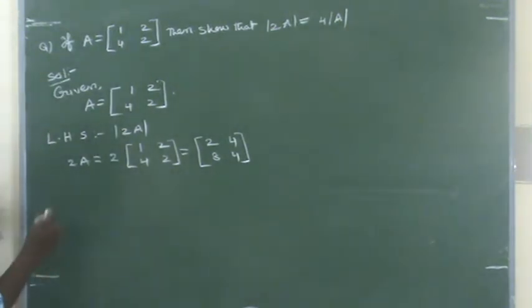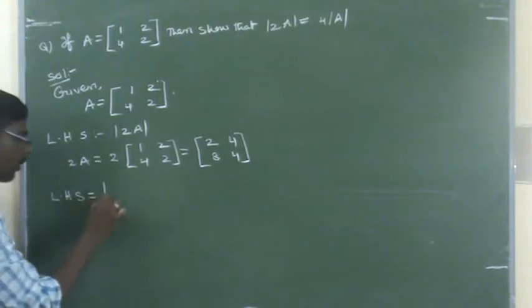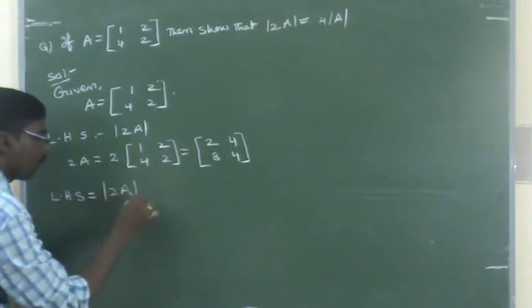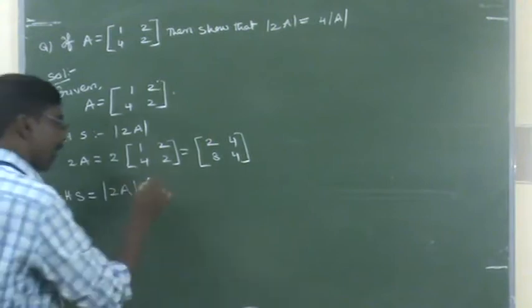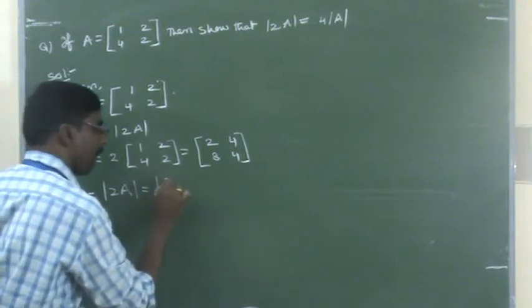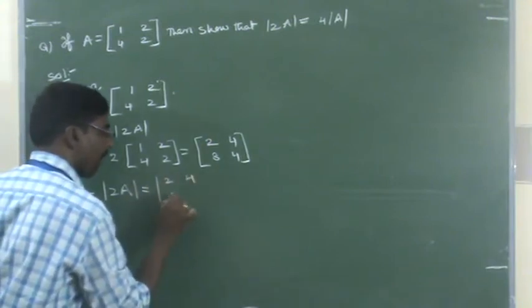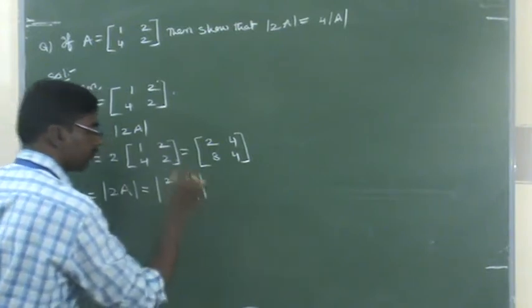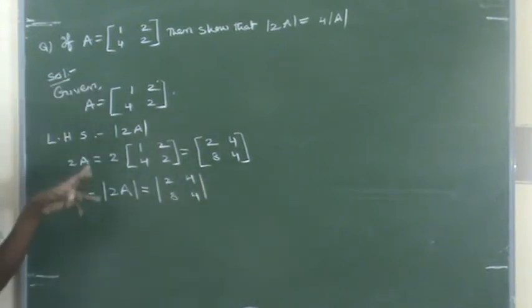Now we take the LHS value, determinant of 2A. The value can be written as the determinant of 2, 4, 8, 4. Very simple.